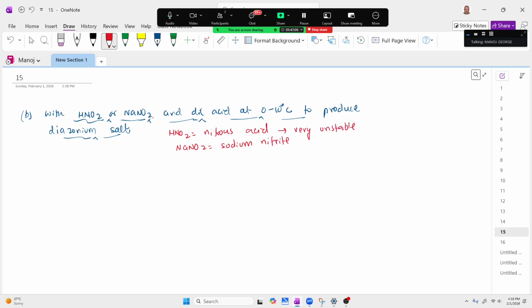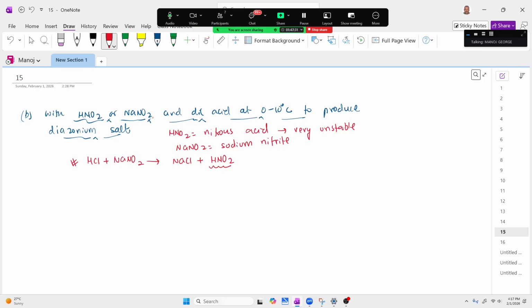It's very difficult for us to keep this in a chemistry lab without it breaking down. So what we do is we react HCl and NaNO2. These two react together to form NaCl plus HNO2. So we are producing HNO2 within the reaction. When they say dilute acid, they are referring to HCl.